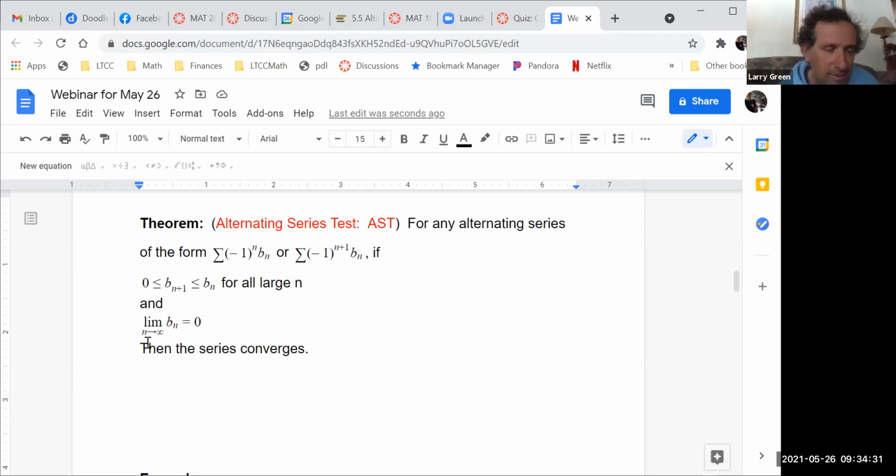And if the limit as n goes to infinity of bn is equal to 0, then the series converges. Any questions on this big theorem?